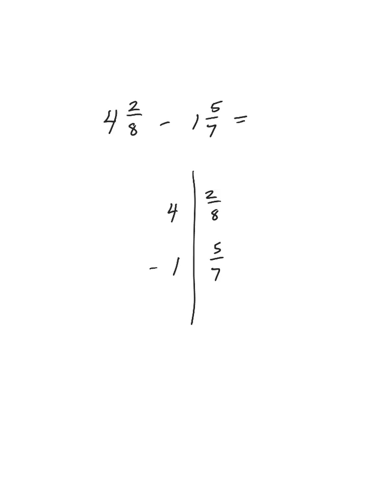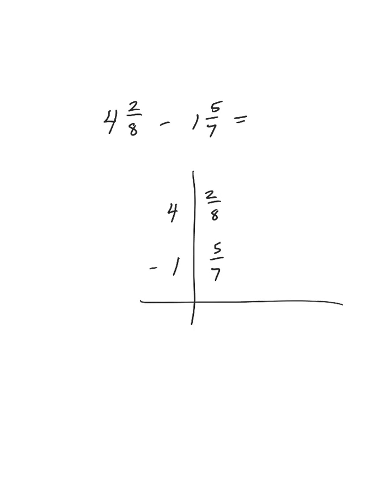Let's look at one last example. Let's do 4 and 2/8 minus 1 and 5/7. So I'm going to write my problem vertically. 4 and 2/8, 1 and 5/7.